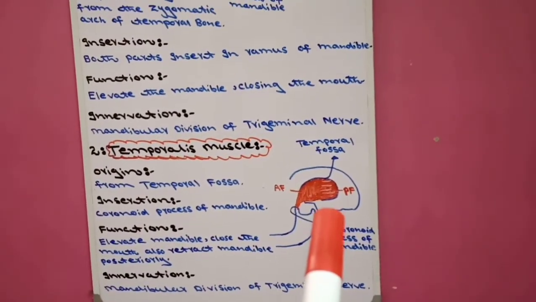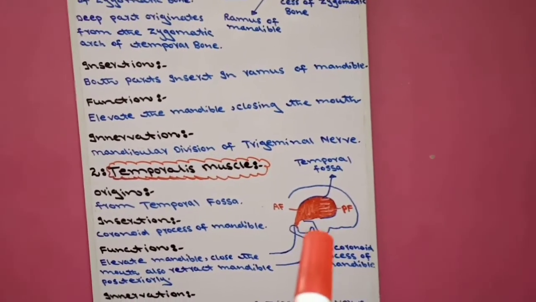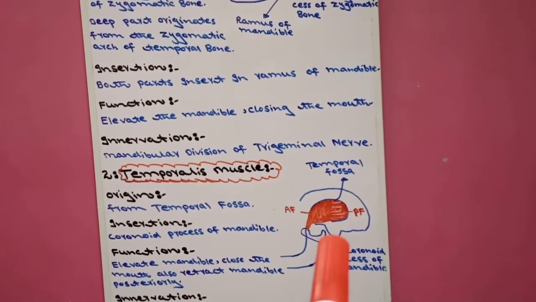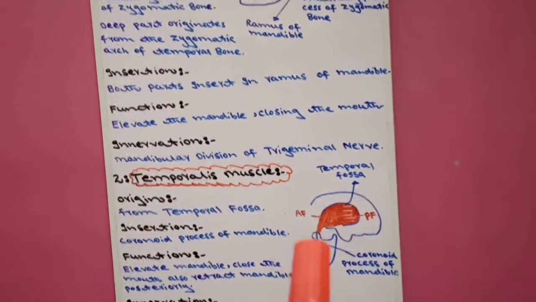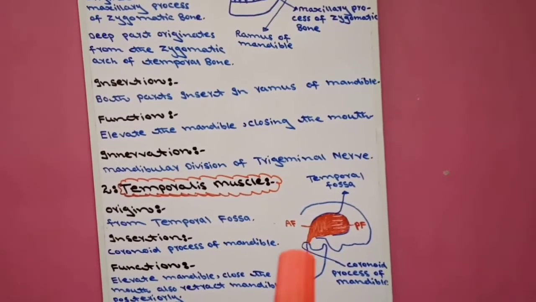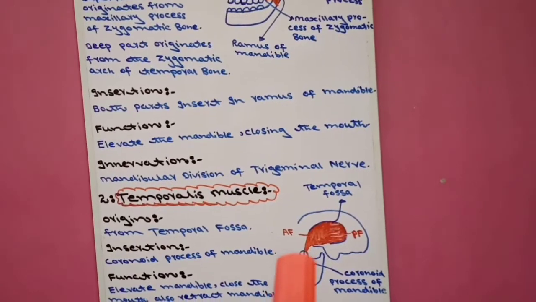The condylar process of mandible makes a joint with the glenoid fossa, which is known as temporomandibular joint. But the coronoid process is the region where the temporalis muscle inserts.